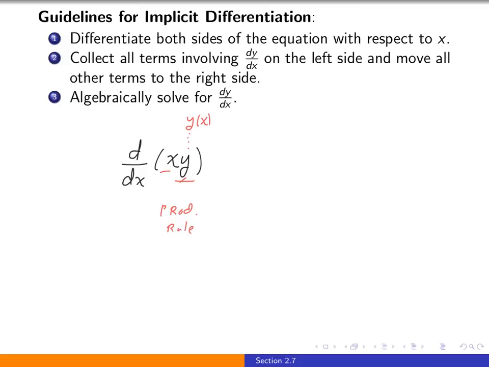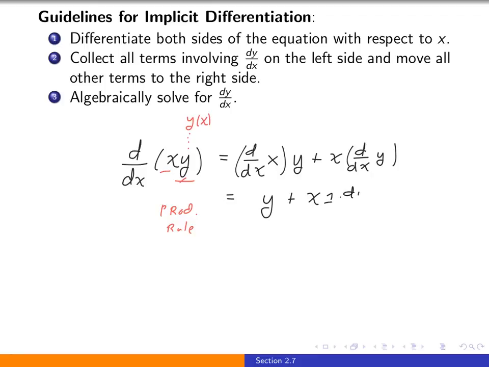So we would take the derivative of the first times the second plus the first times the derivative of the second. So the derivative of x is 1 times y plus x, and the derivative of y with respect to x, implicitly we differentiate the y exactly as we would like to, a 1, and then we multiply by dy dx. So y plus x dy dx.